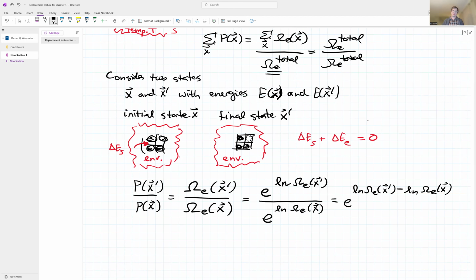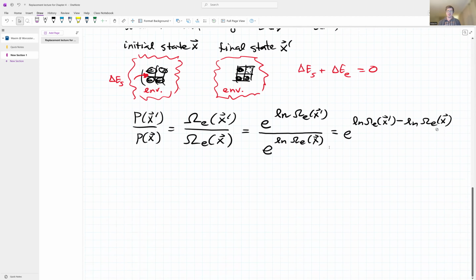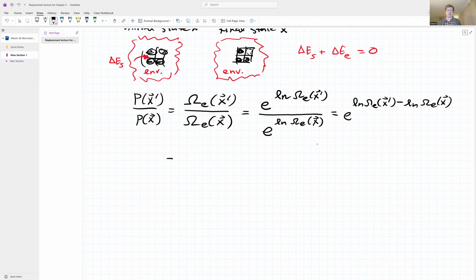Okay, now we do one more trick. There's a couple of funny tricks. We multiply and divide the top and bottom by the Boltzmann constant. Inside the exponential, I'm going to write the exponential as exp. It's a nice notation; you've seen before that e to the x is the same as exp of x. It's less confusing what's actually inside the exponent, so you know that everything in these brackets will be inside the exponent.